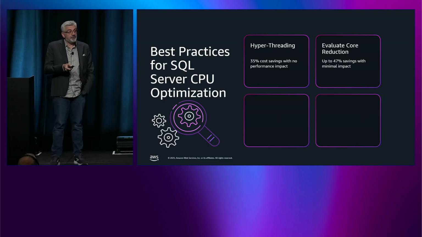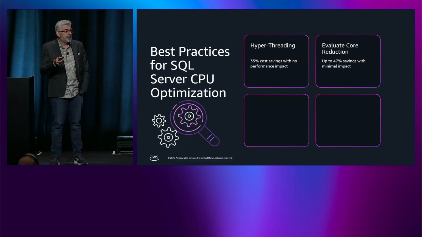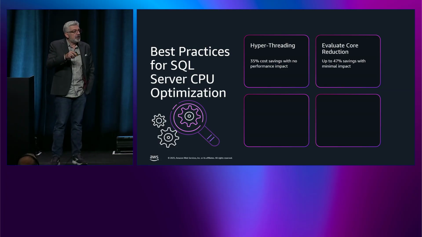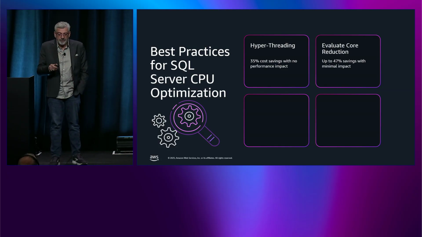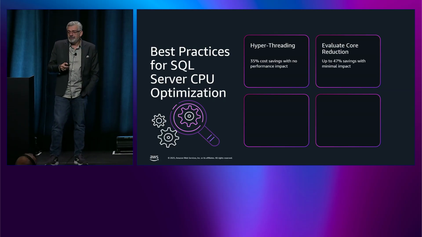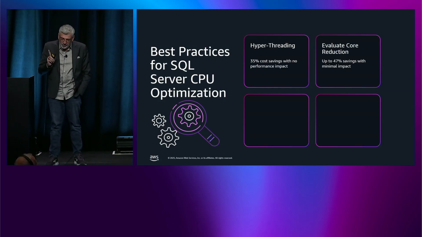The next step: with the first steps, you see almost 35% on cost. But if you go to the next steps and start monitoring your environment even more, you start realizing maybe you can throttle down even the core count. And if you do this, you can achieve a 47% cost savings without impacting your workload. Now I want to be extremely careful there.